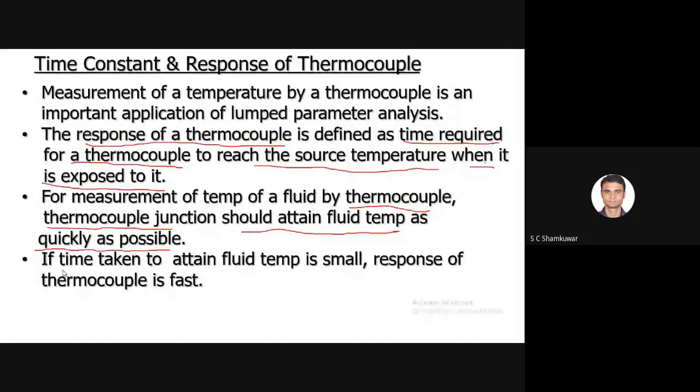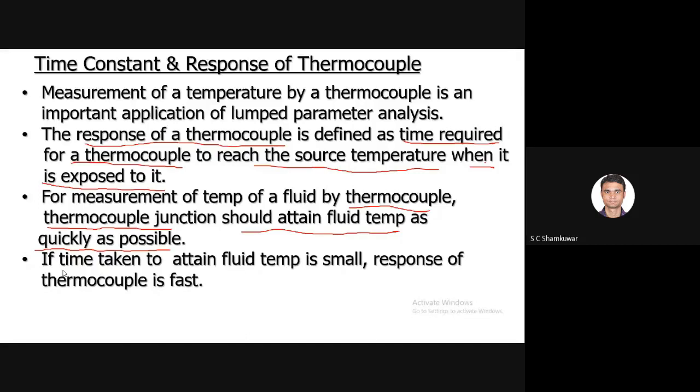Understood? So as soon as a thermocouple is connected to any fluid, it takes some time to attain the temperature of that gas or fluid to which it is exposed. The longer the time taken by a thermocouple to attain the fluid temperature, the slower will be the response.